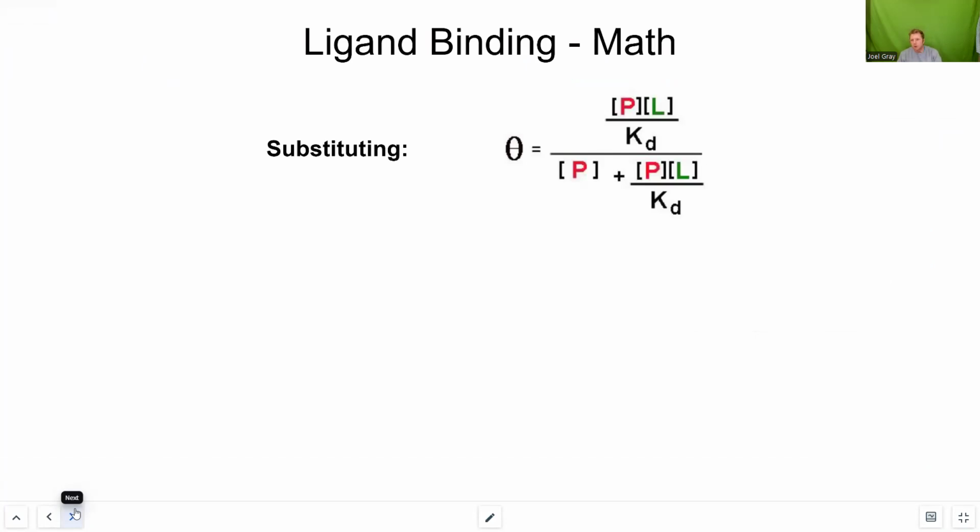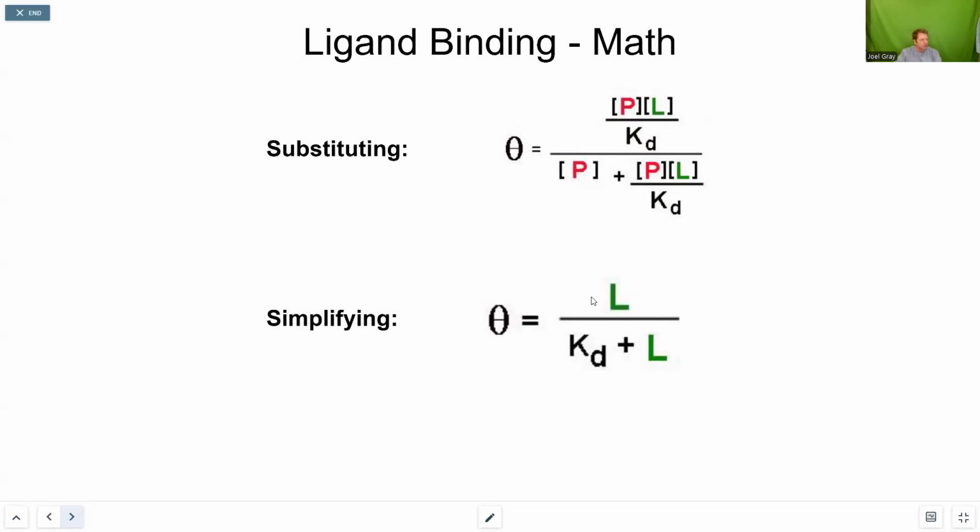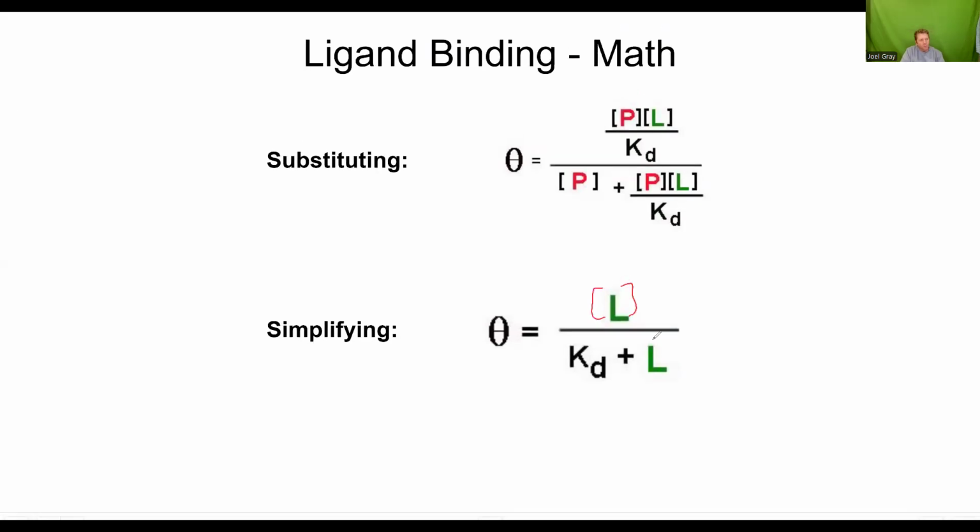We're going to substitute all these expressions and give us a simplistic version of theta. Theta is equal to our ligand concentration, and it's not bracketed there, but I'm going to go ahead and draw that bracket in because we're still talking about concentrations. The reason that it's not bracketed here is because we're talking about a unique protein, and those unique proteins are hemoglobin and myoglobin.